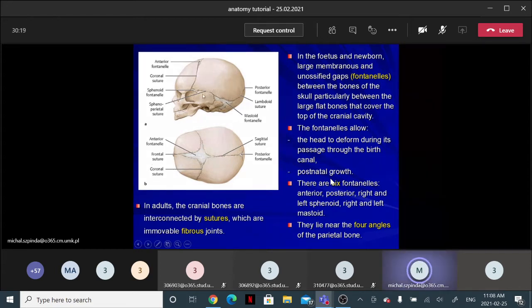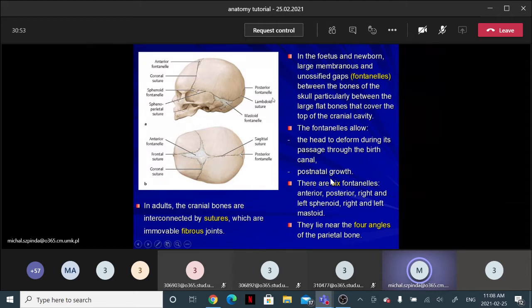And after birth, these fontanelles ossify. So mesenchymal membranes are substituted with bone. This appears just 3 months after birth, referring to the smallest fontanelles.